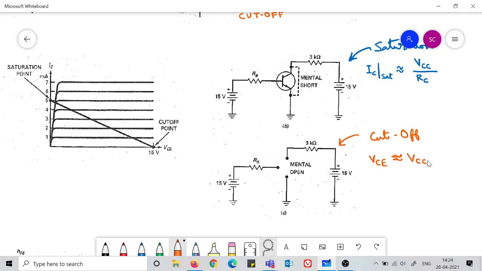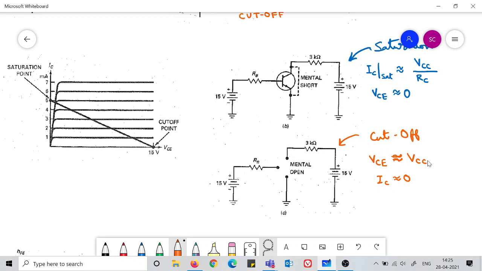Obviously this is approximate, because there is some IC, but that drop is inappreciable. We must write this along with it.